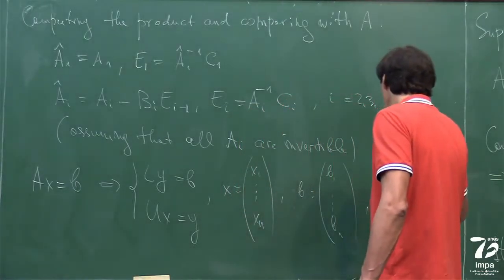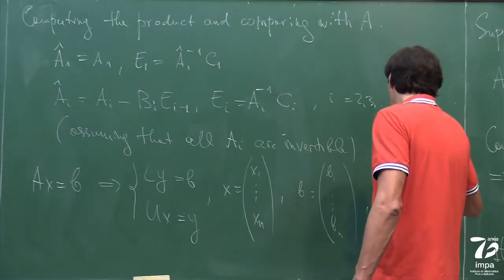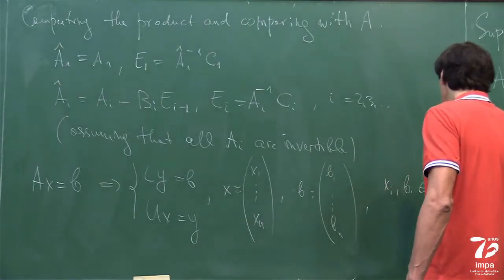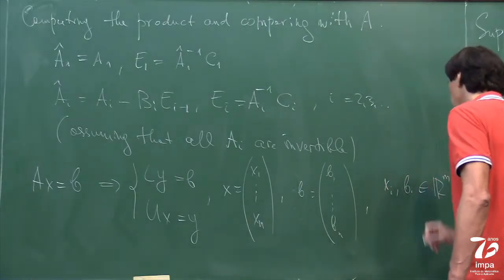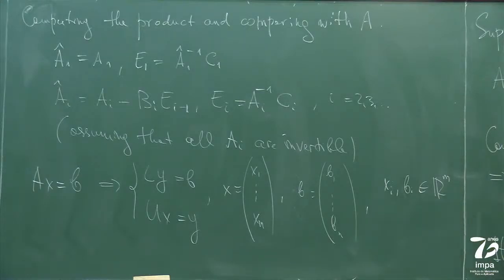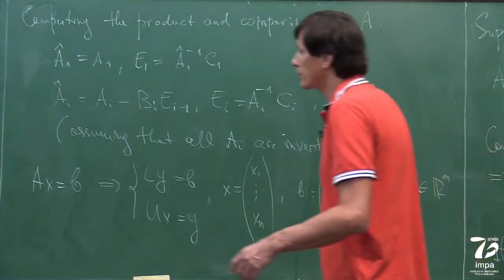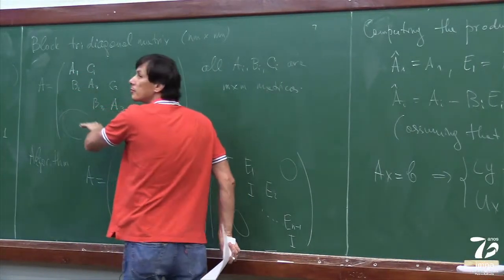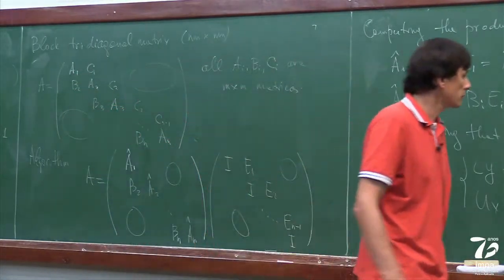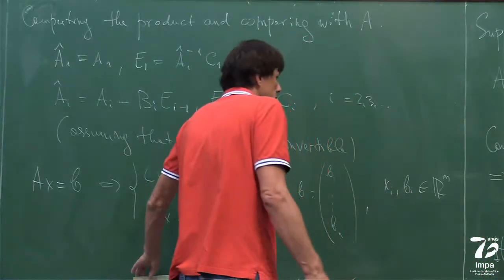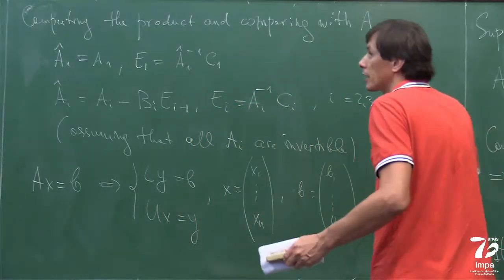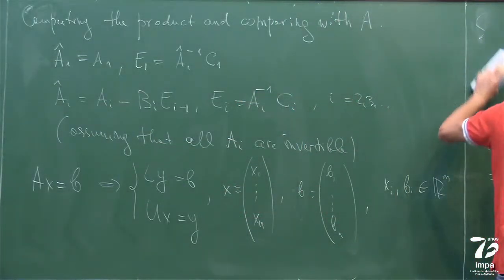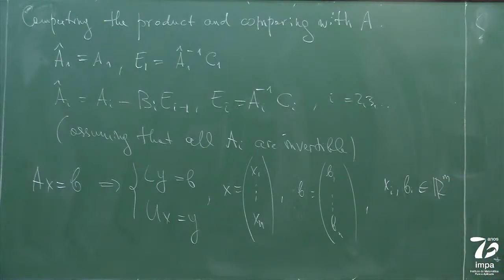But now all components are not numbers, they're m-dimensional vectors. So it's a decomposition of the vector in agreement with the block structure of the matrix. And then you find the solution explicitly like we did for tridiagonal matrices.